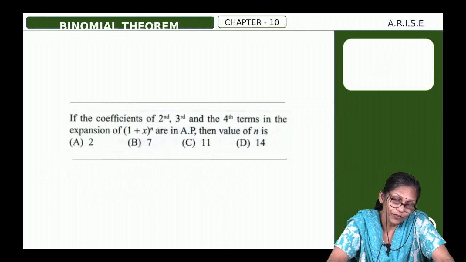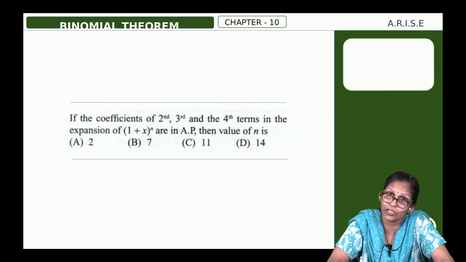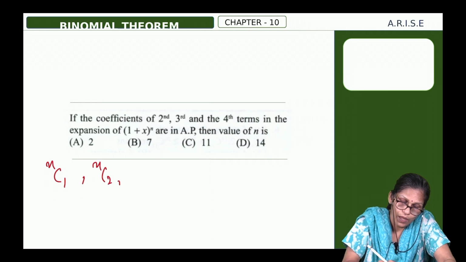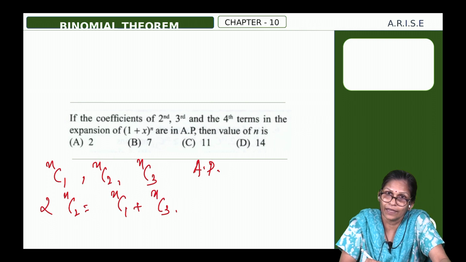Now, the coefficients of the second, third and fourth terms in this expansion are in AP. So, the terms are first is NC0, the next is NC1, NC2 and NC3 are given to be in AP. So, 2 times NC2 is NC1 plus NC3, isn't that what's given?